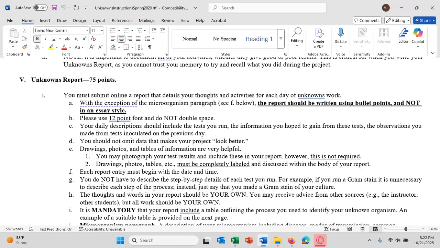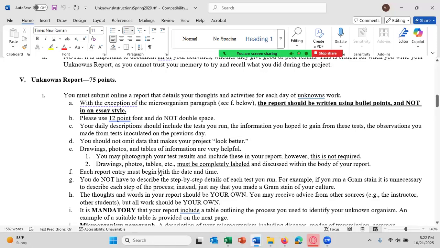Most tests take 2 days to run. There are a few where you could get it on the same day. And then put the date of the test results. Most of the tests, the request will be on a different date than when you get the results.